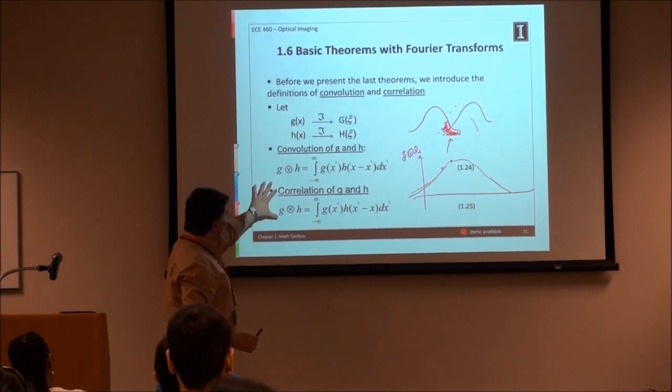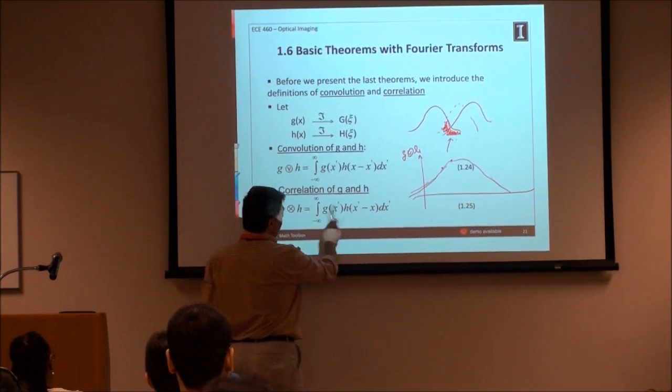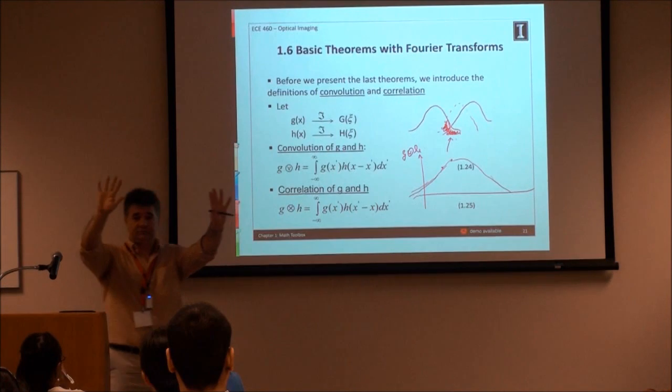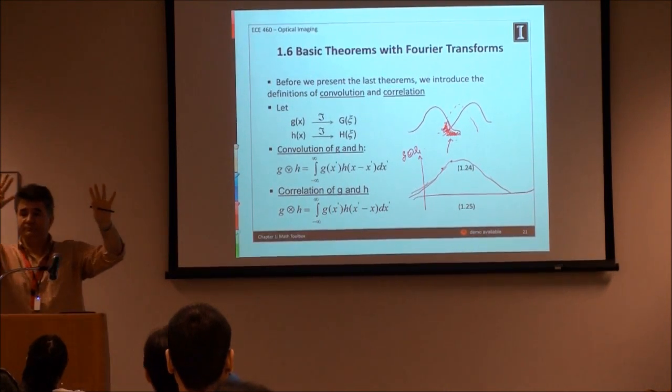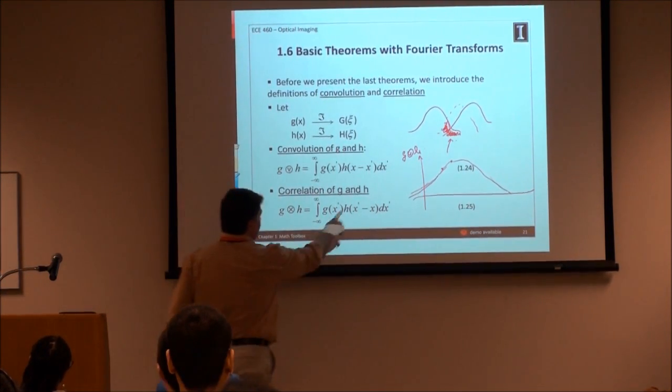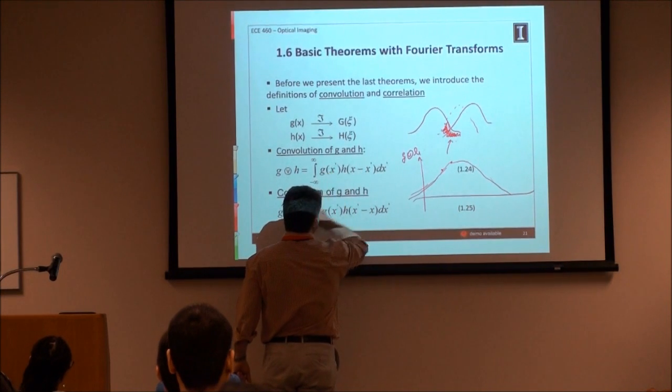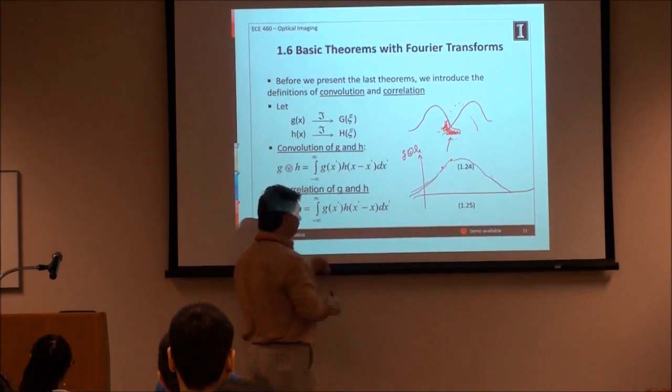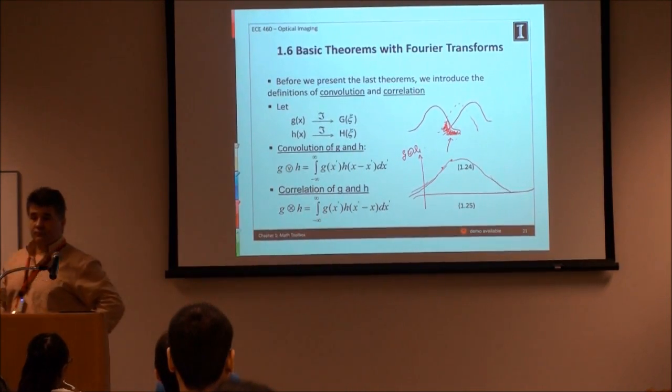That's just the definition. Correlation between G and H means the same thing except for the flip. So you see convolution has a minus here. This one has the same sign. Okay?